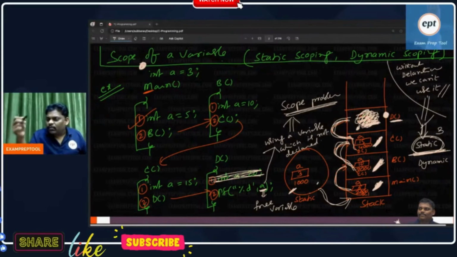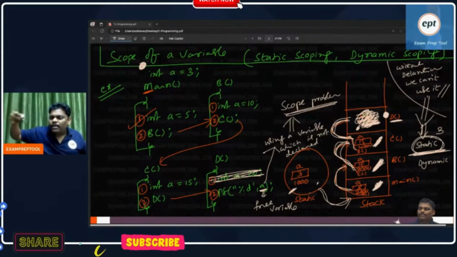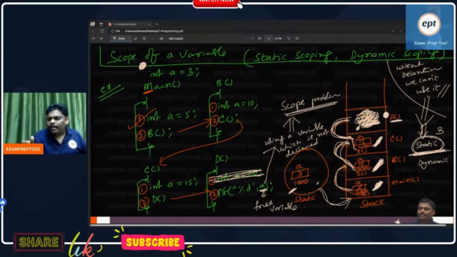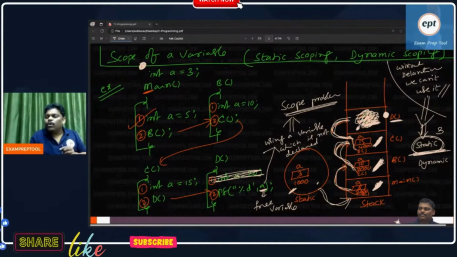Because if I resolve it at runtime, there are so many items inside the stack. It became a headache. Hello compiler, while compiling, if you find a scope problem anywhere, you resolve it. The compiler got a scope problem and wants to resolve it.